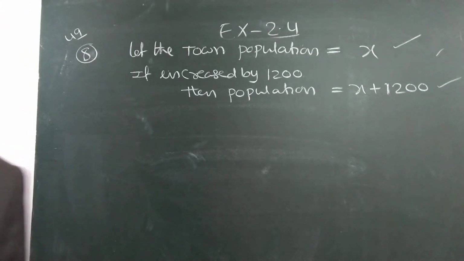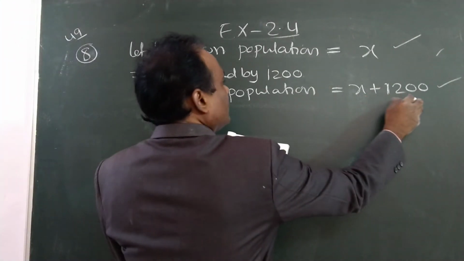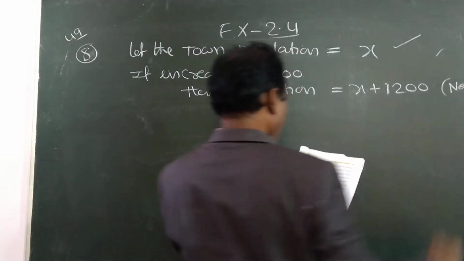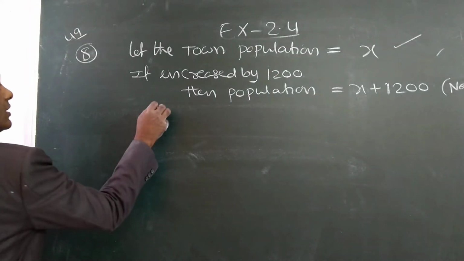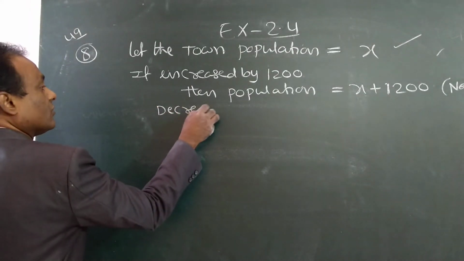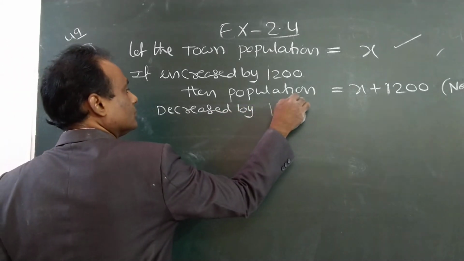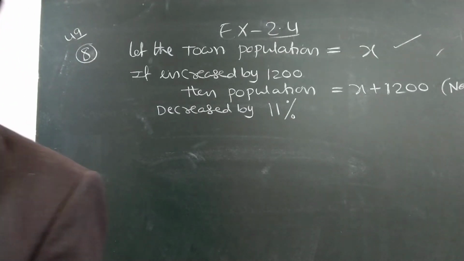Now what happens? This new population decreased by 11%. These percentage problems are difficult.